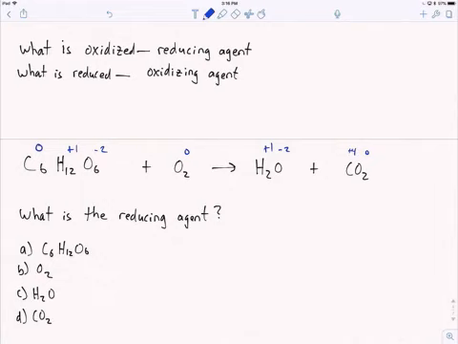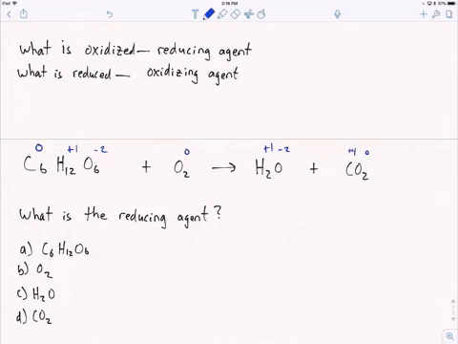It depends. You could logic your way through this as well, which we'll talk about. So how many think the reducing agent is glucose? How many think it's oxygen? Okay, it's one of those two.